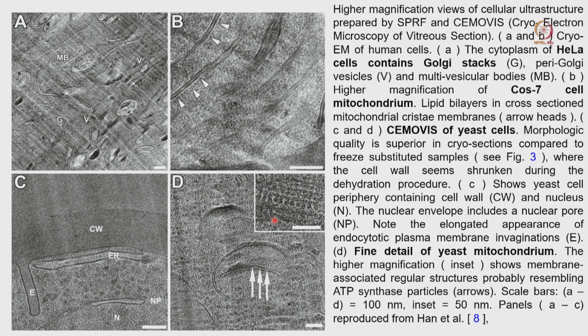So, this is a very important technique, the self pressurized rapid freezing technique. But I also used one more term, cryo-electron microscopy of vitreous section. What is that? We are going to discuss it a little more, because that is how we use the cryo ultra microtome.